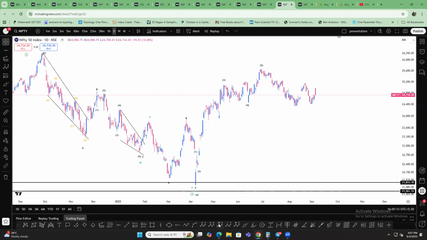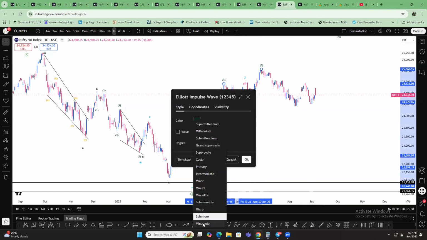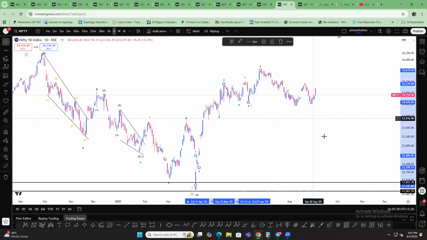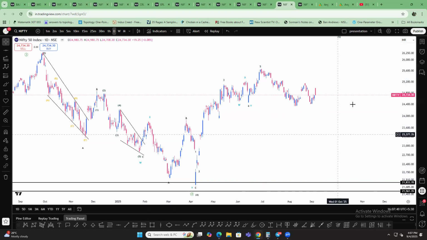So we have again a complex correction A, B, C, W, X, and Y. And in wave 4, we expect complex corrections, right? So here it is 1, 2, 3, 4, 5. Let's give it minuscule. And so 1, 2, 3, 4, 5 means wave 1 is completed here and wave 2 is in progress. So this whole thing is under wave 2.